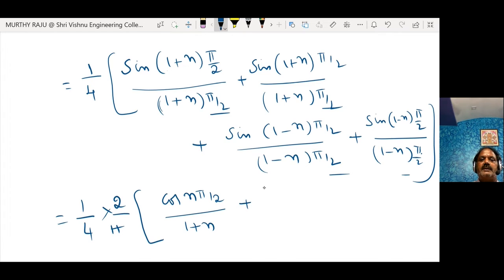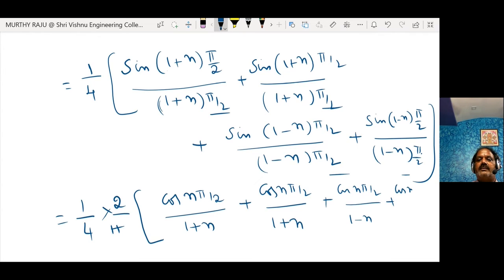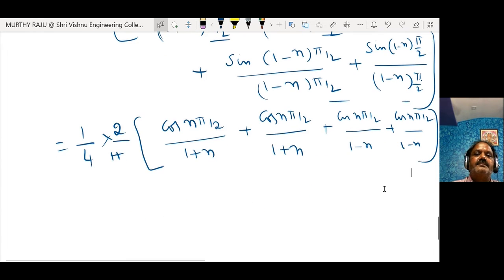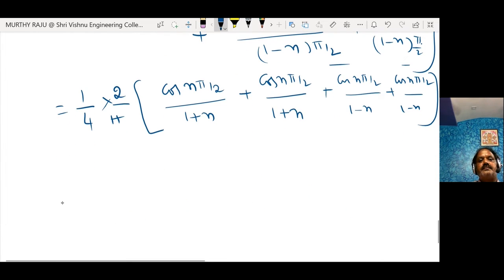Here also cos n pi by 2 by 1 plus n. Here cos n pi by 2 by 1 minus n plus cos n pi by 2 by 1 minus n.